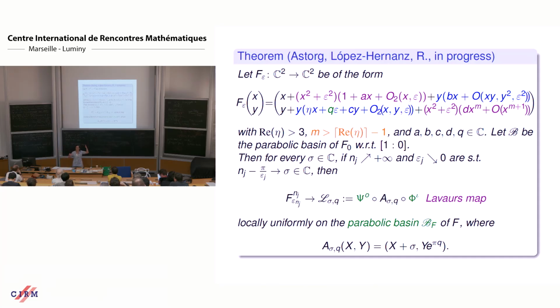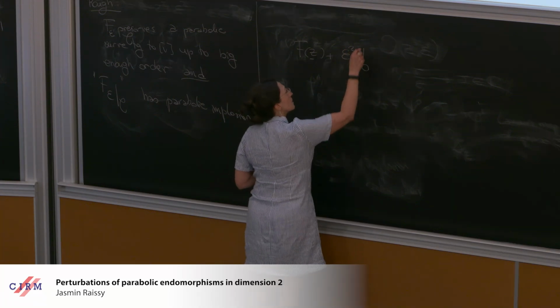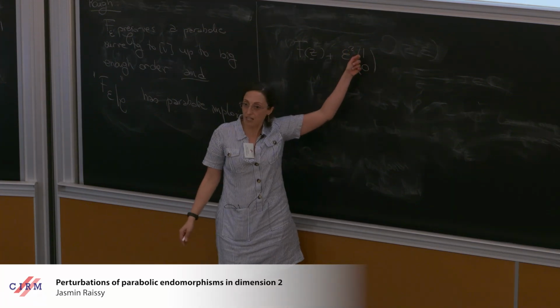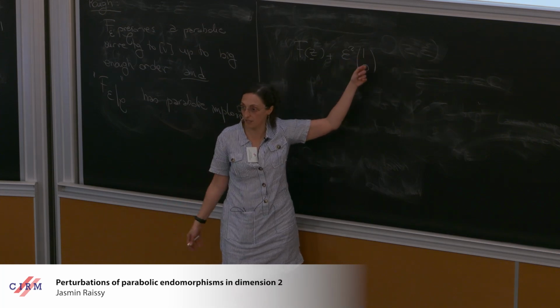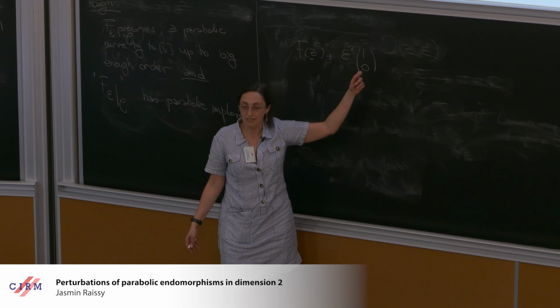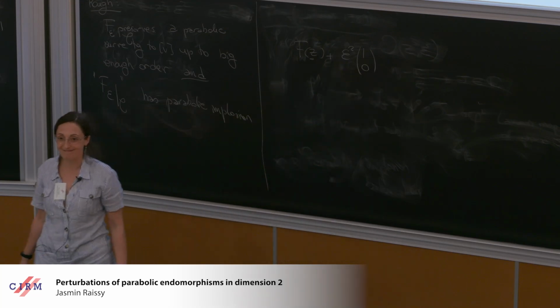So 1, 0 is the characteristic direction, and I want to make my perturbation there. So what we hoped for was you take f of z and you add epsilon squared times 1, 0, which is in the direction where you want to have parabolic implosion. The problem is, when you do so, how many fixed points do you get now? 4.